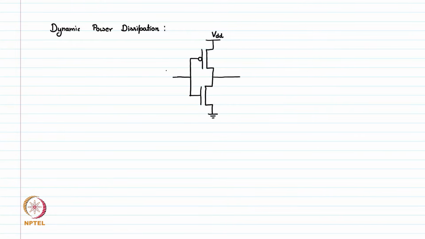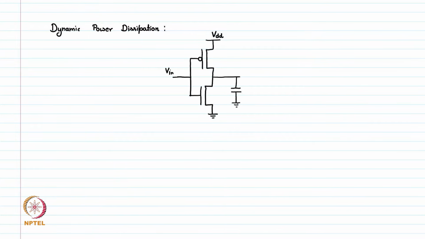So the input V in is, for example, changing, and the output will change accordingly. This output now is connected to another device which can be modeled as a capacitive load.